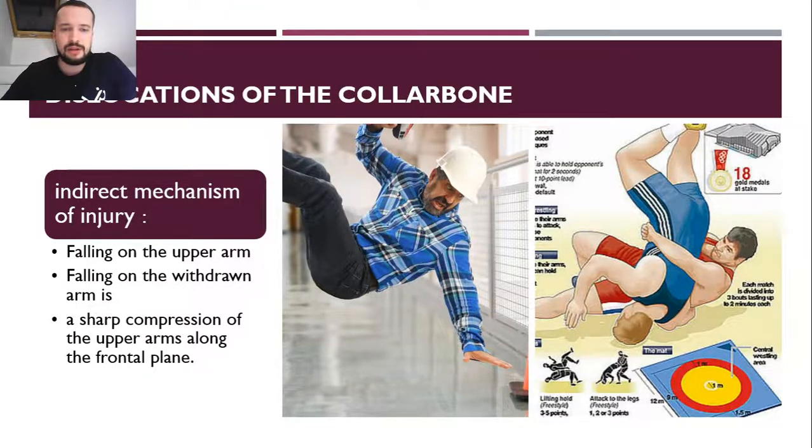They arise mainly as a result of an indirect mechanism of injury, a fall on the upper arm or a withdrawn arm, a sharp compression of the upper arms along the frontal plane. And there you see two pictures of how people can get a dislocation of the clavicle.